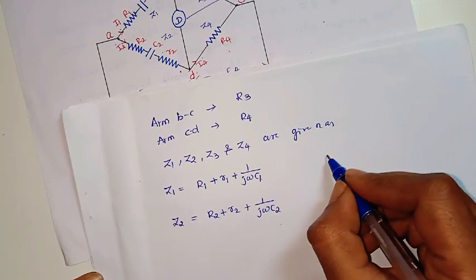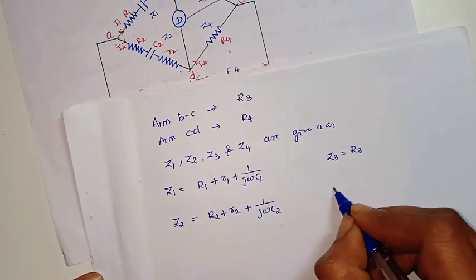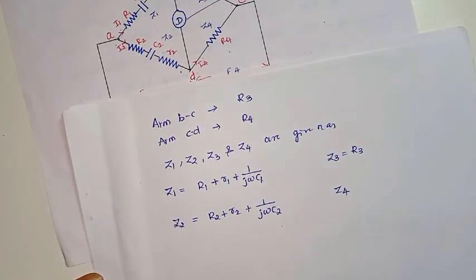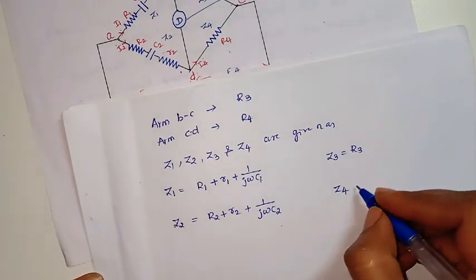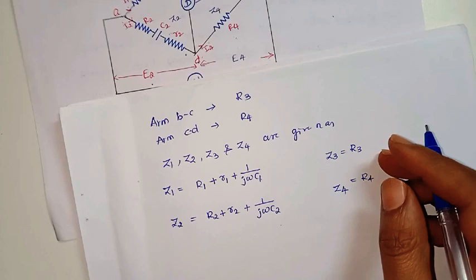Then Z3 has only one resistor, that is R3, and Z4 has only one resistor, that is R4.